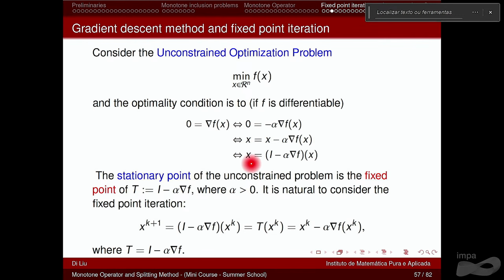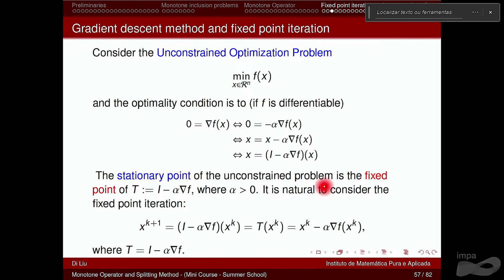So it's equivalent to this, and we can see that the stationary point x, if the gradient at x equals 0, is the fixed point of this operator. We get this from the analysis here.